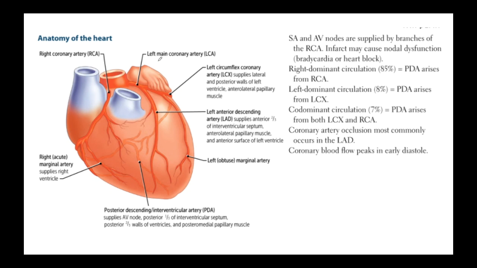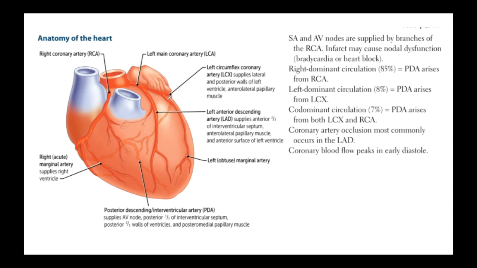On the left side, we have it branching off into the left anterior descending artery, which supplies the interventricular septum here, 2/3 of the anterior side of it, as well as the anterolateral papillary muscles and the anterior surface of the left ventricle.